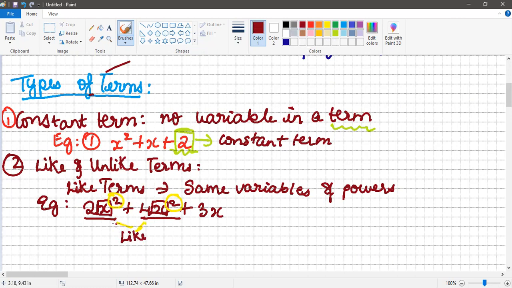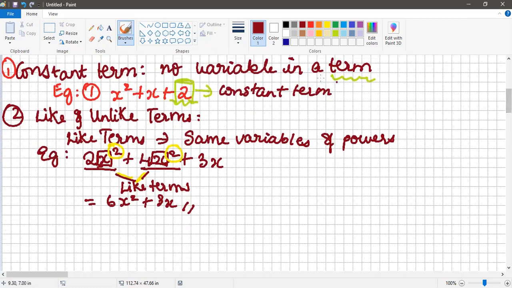What will we do next? We will add the coefficients of both the terms. So 6x square plus 3x will be the final answer, but the point here is these two are like terms. Why? You need to always check whether it has the same variable and the same power. That is the condition for a term to be called a like term.